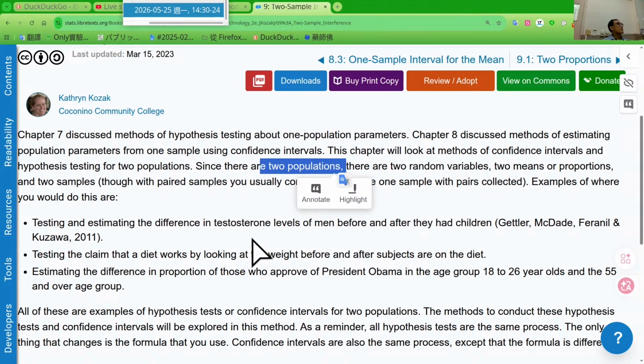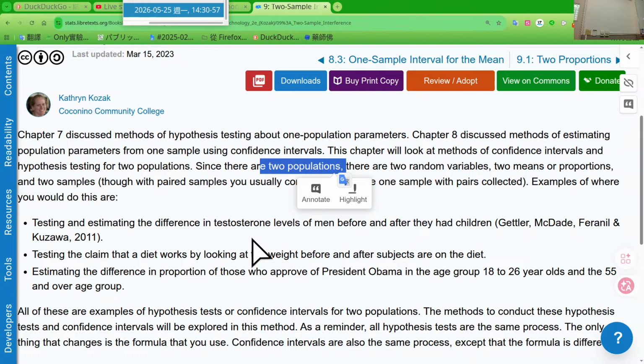The same, if I want to know the average male's height in South Korea and Japan, which is taller? Which group is taller? We don't know that. One population is the male height in South Korea, and the other population is Japanese men's body height.